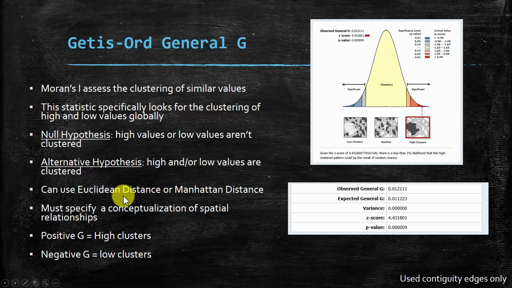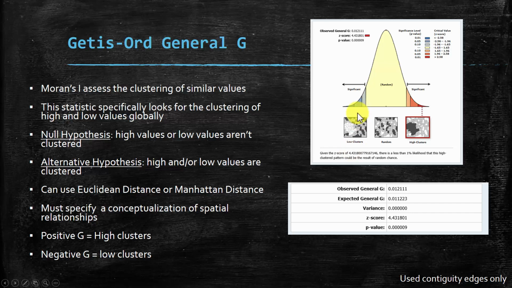Again, similar to the other tests, you can specify distance using Euclidean distance or Manhattan distance. You also must specify a conceptualization of spatial relationships, similar to Moran's I. If you get a positive G value, that indicates a clustering of high values, as shown here. And if you get a low G, that indicates low clusters, so low values are clustered.